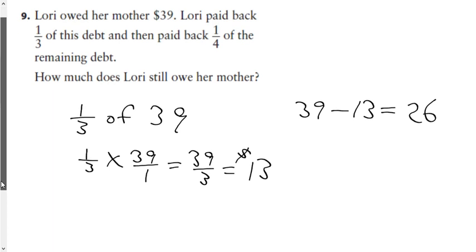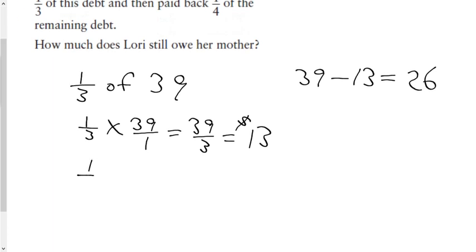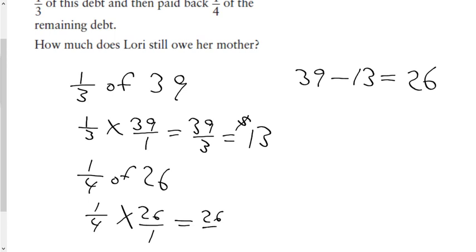So once we figured that out, then a quarter of the $26 is what she paid back next of the remaining debt, or a quarter of 26 over 1, or 26 over 4, or 13. What's half of 13? 6.5.